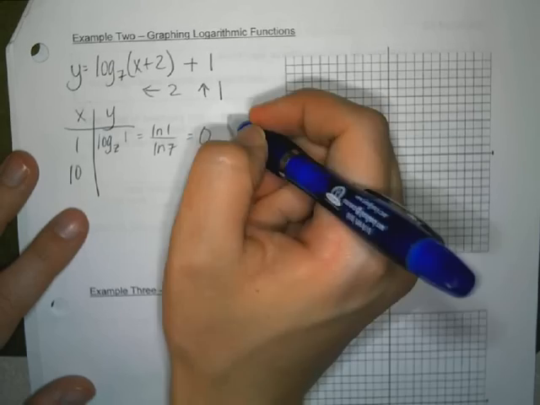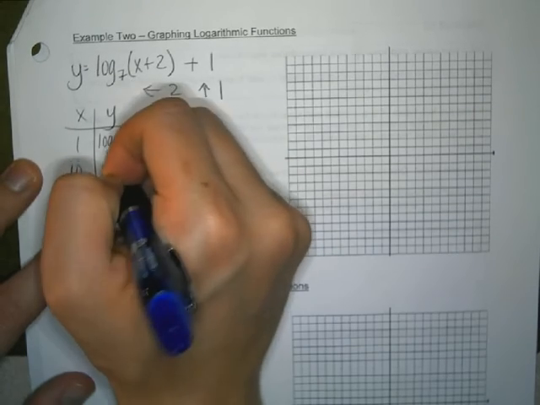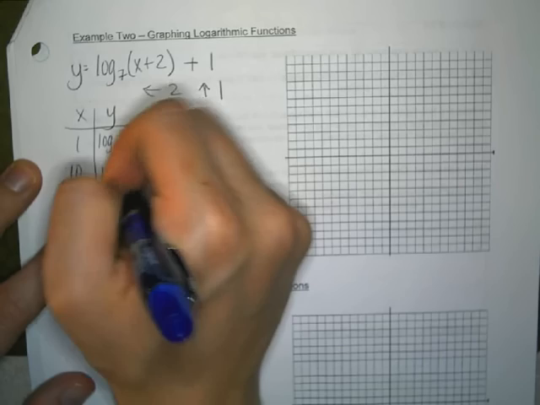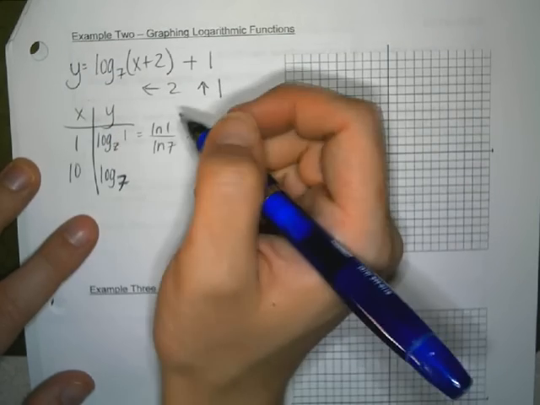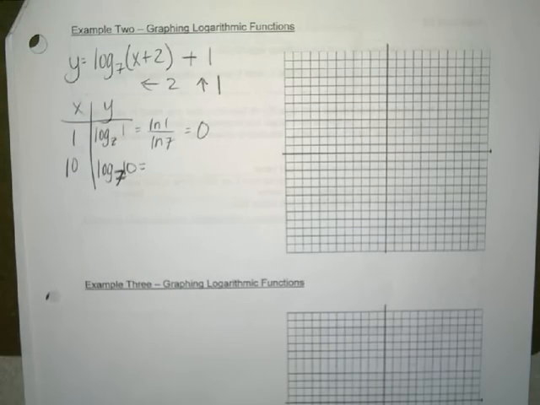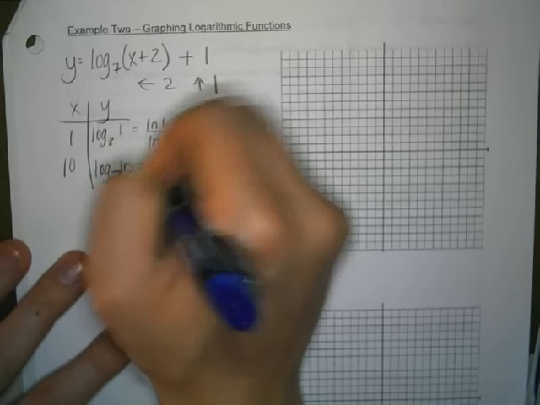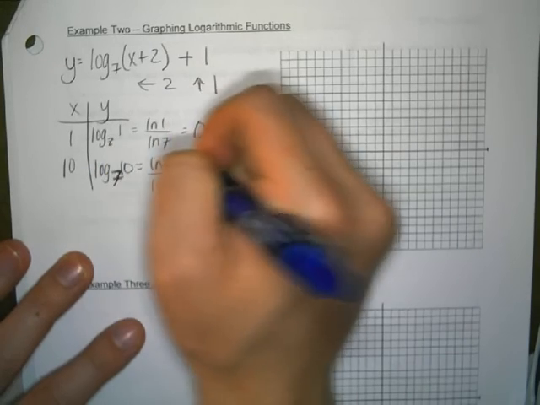By the way, that will always happen. And then log base 7 of 10. Ln of 10 over ln of 7, which equals 1.18.